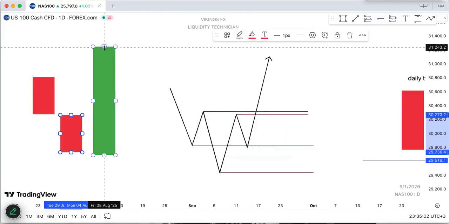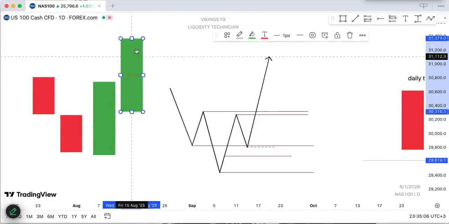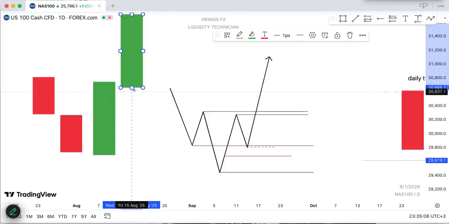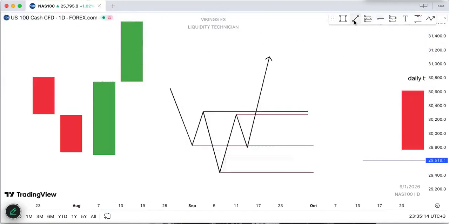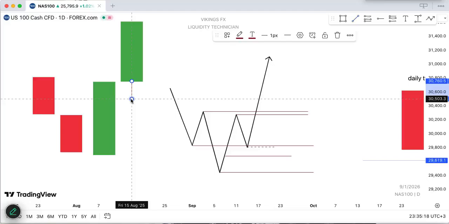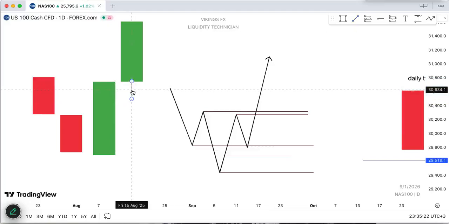Let me make it more interesting. So I think each and everyone here who is not new to SNR clearly knows something about OCL levels or the open close levels.